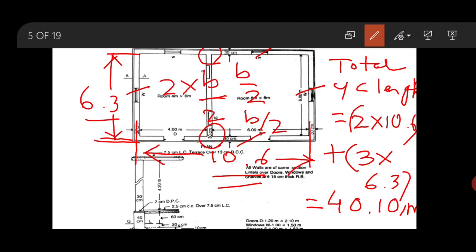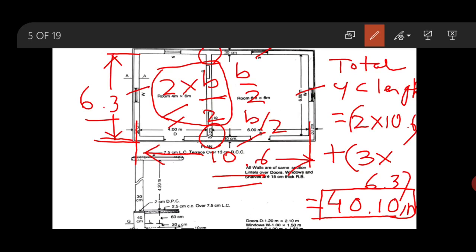So this quantity is to be deducted for different items of work. When we are going for calculation of earthwork in excavation, then the total center line length will be 40.10. From 40.10 we have to subtract 2 into b by 2.